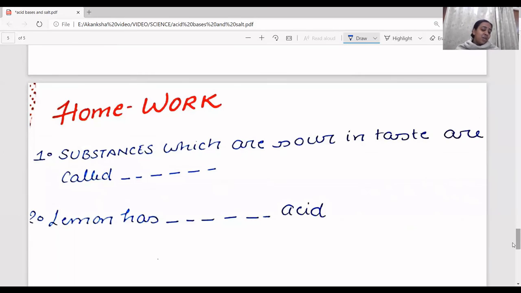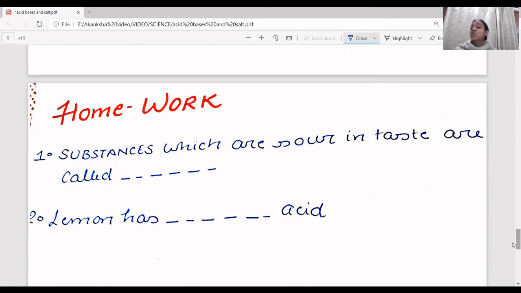Now let's see what the homework is for you. I have two questions for you. Substances which are sour in taste are called what? I hope you know the answer. And another question is, lemon has dash acid. Let me tell you the answer.